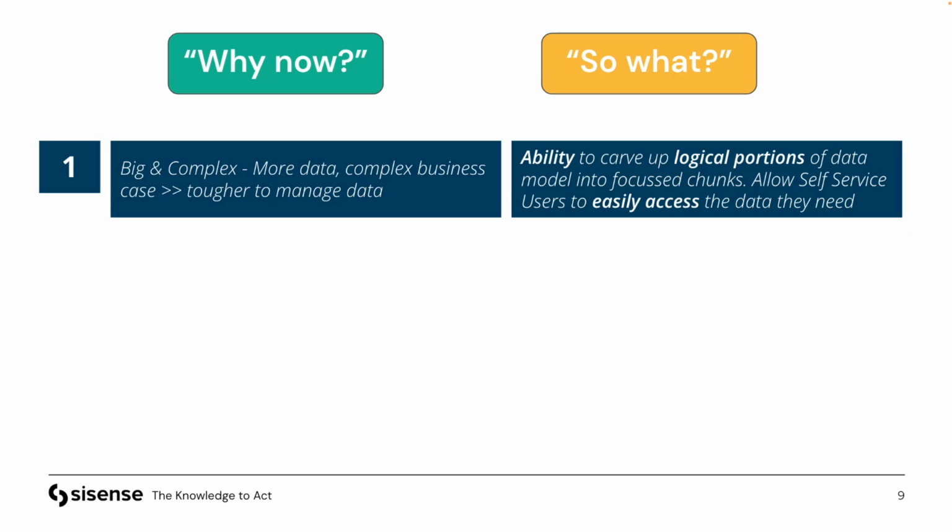Anybody who's just given a data source of 50 tables will find it really hard to create a couple of widgets that they need. Rather, just give them a data model with 10 tables, they'll easily be able to work their way out. Otherwise, it's just too much overload of information on one single person who's trying to design a dashboard, and it's just going to take a lot of time. So that's the first why.